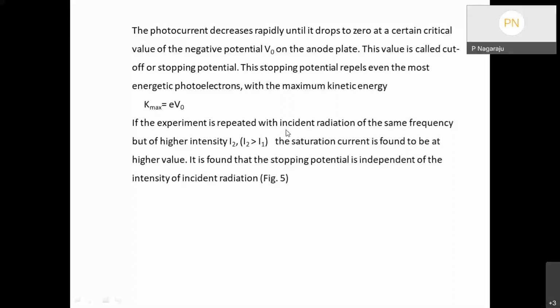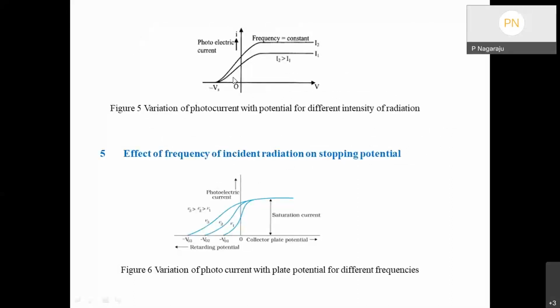If the experiment is repeated with incident radiation of different intensity, in the sense higher intensity, I2 greater than I1, the saturation current is found to be of higher value, and it is found that the stopping potential is independent of the intensity of the incident radiation. And this is what you see in this diagram. The stopping potential is the same even though we vary the intensity.